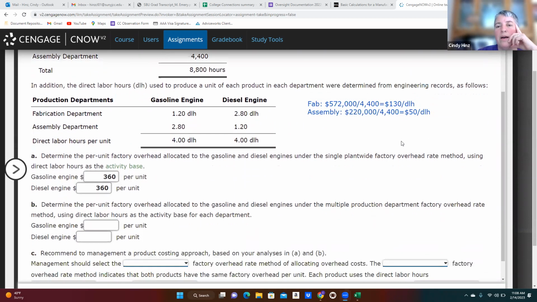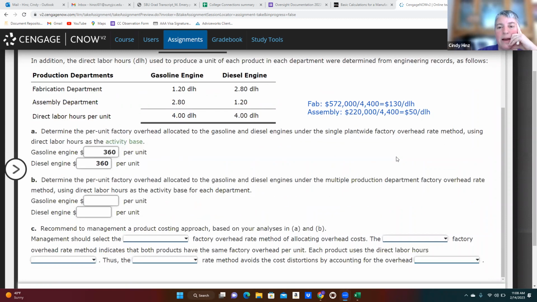So now we know the cost per direct labor hour, and we can apply those first to the gasoline engine. The gasoline engine has $130 per direct labor hour for fabrication, and it takes 1.2 hours for fabrication, and $50 per hour for the 2.8 hours that it spends in assembly.